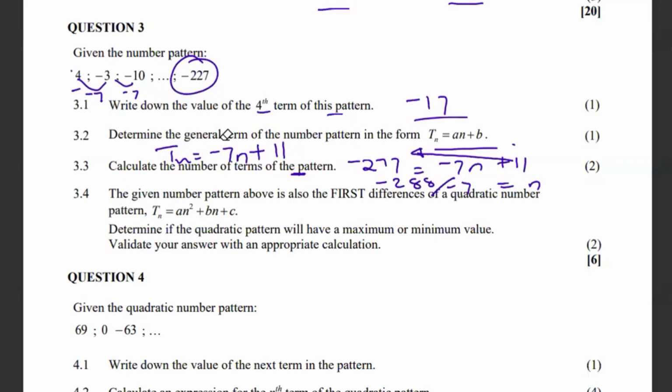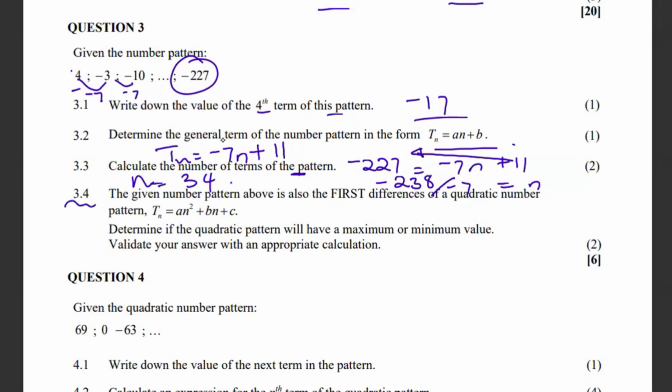Oh, this is 227, not 277. So when we subtract 11, that's going to be negative 238. When you divide by negative 7, n is going to be 34. So 34 becomes the answer.